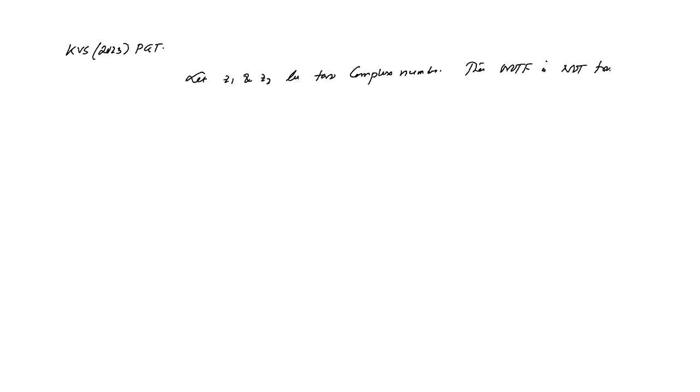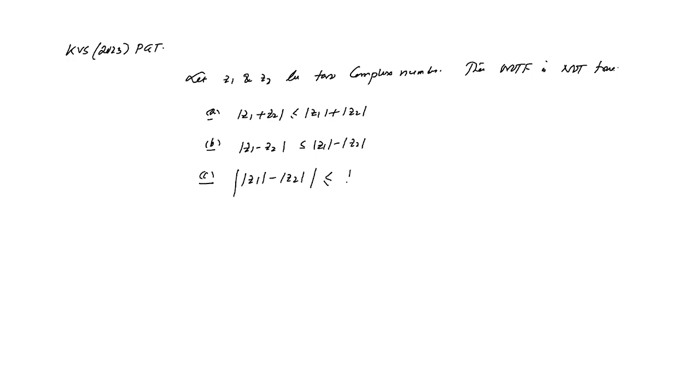Option A: mod of Z1 plus Z2 is less than or equal to mod Z1 plus mod Z2. Well, this statement is true, and here it is asked for the not true statement. Option B is given: mod of Z1 minus Z2 is less than or equal to mod Z1 minus mod Z2. And option C: the modulus of mod Z1 minus mod Z2 is less than or equal to mod of Z1 minus Z2.